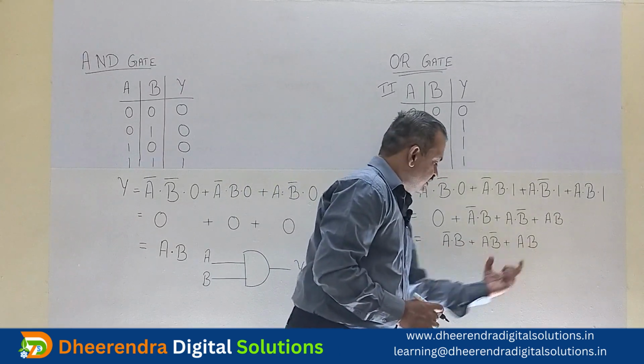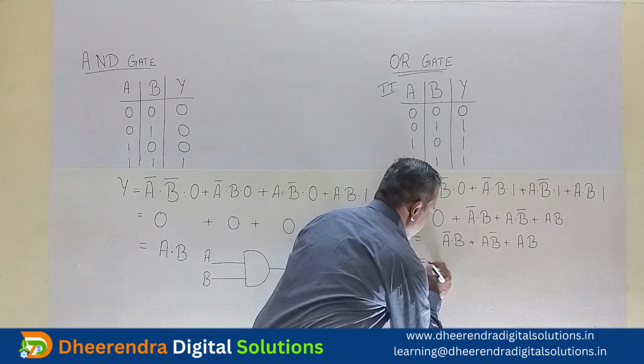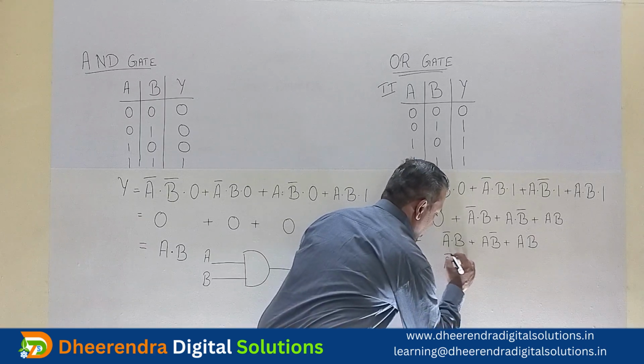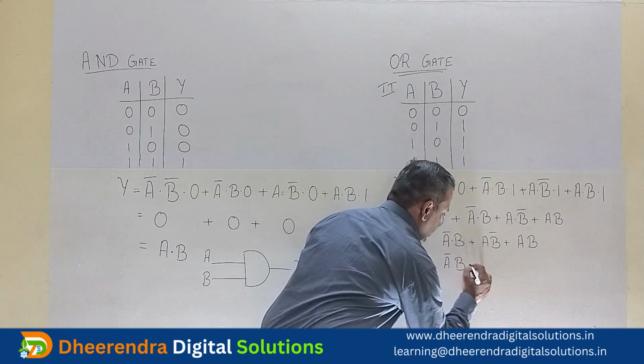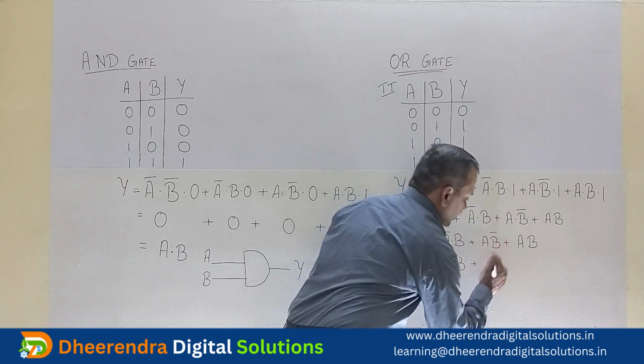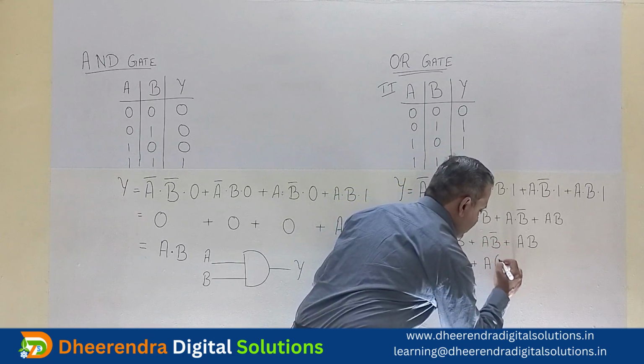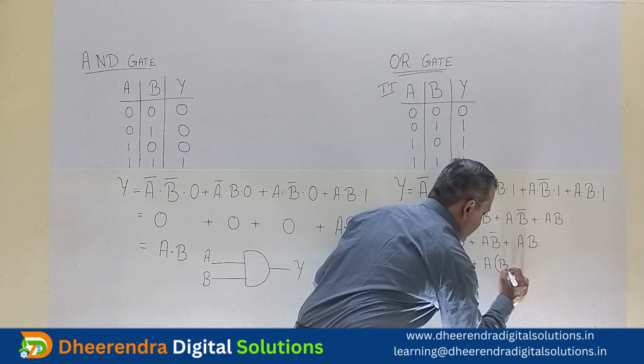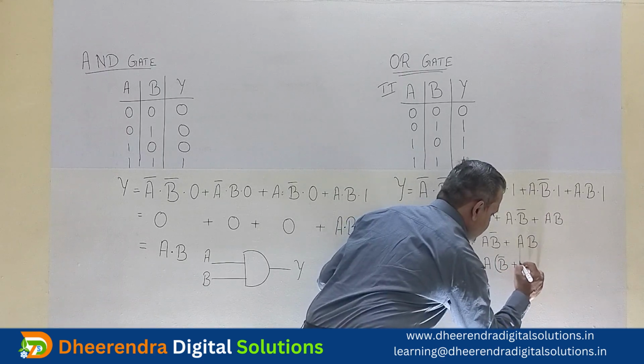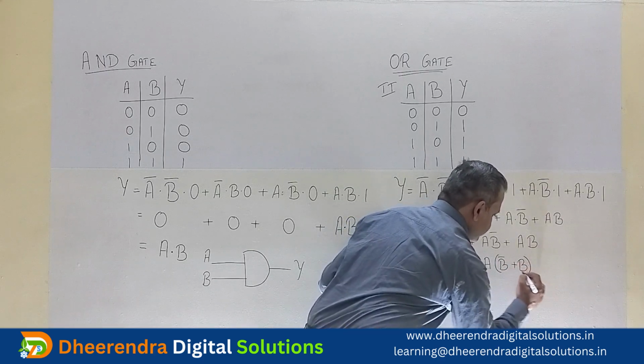This A, so this will be equal to A bar B plus A, which is going to be common, into B bar plus B.